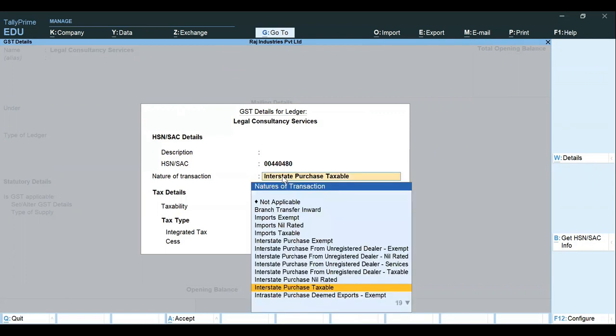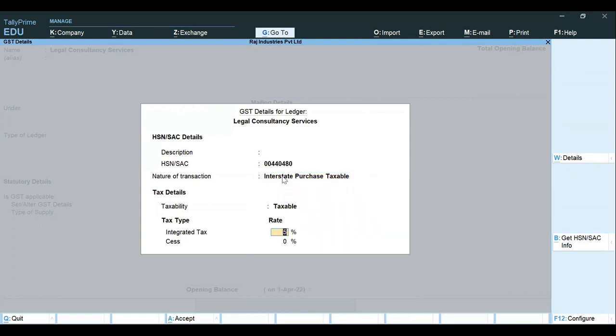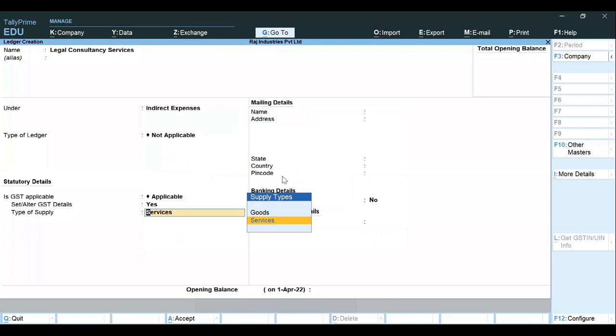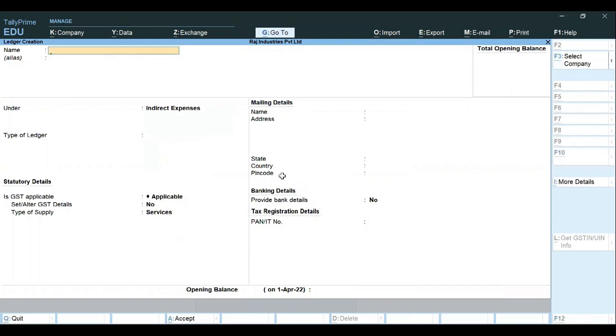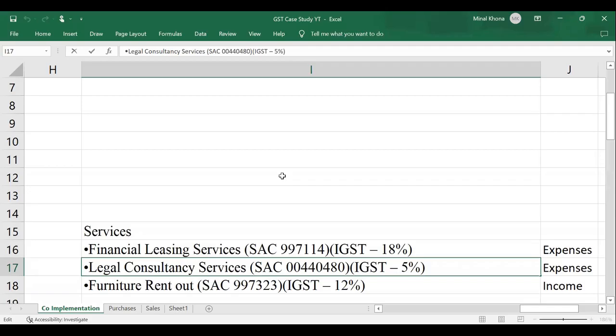So you will have to go through the list of nature of transaction and decide what kind of transaction you are incurring. So according to that, you will have to create the services. The next service which we are going to create is furniture rent out.